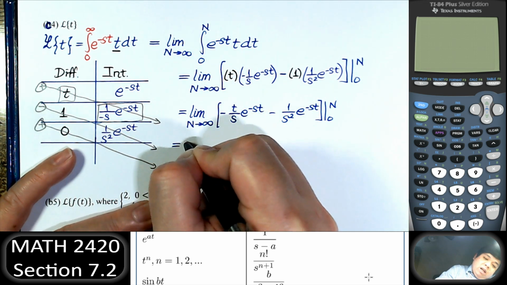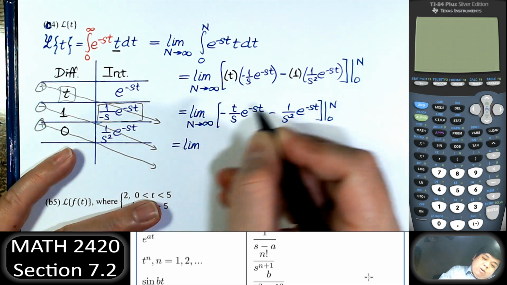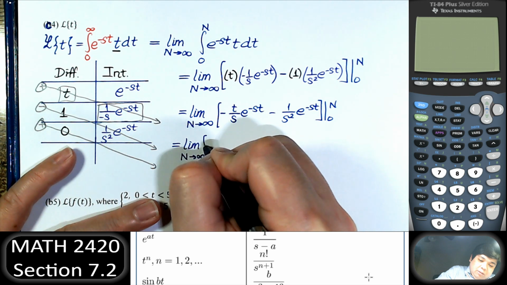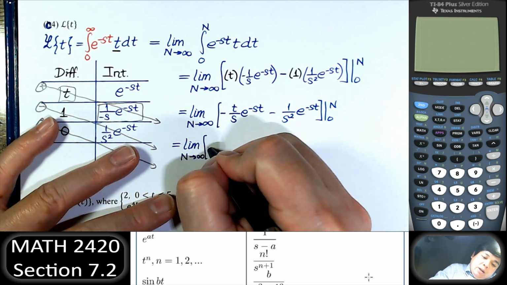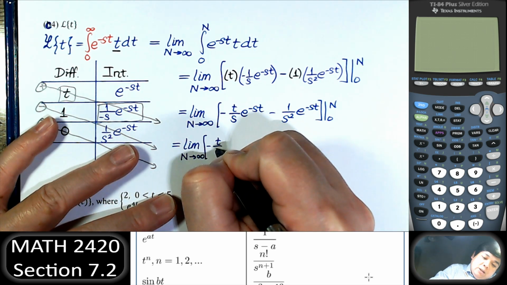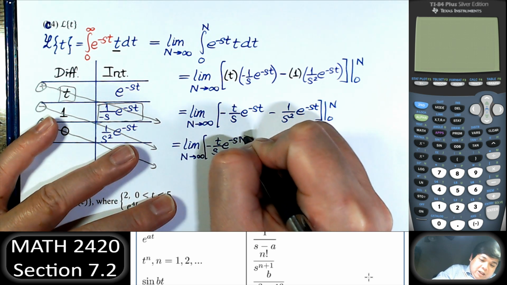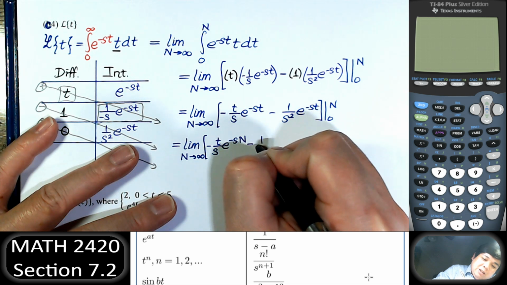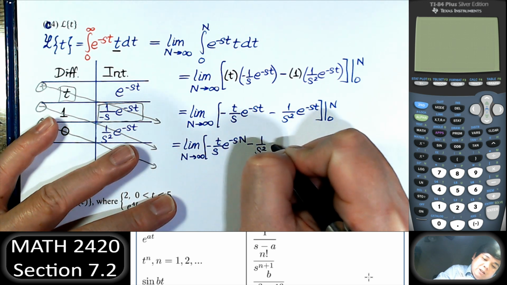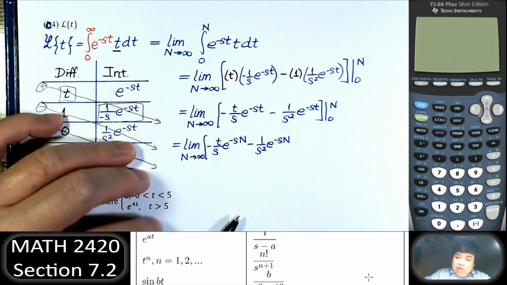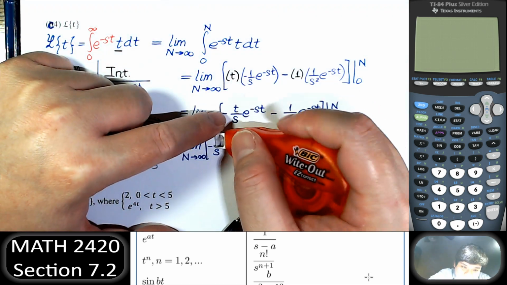Now substitute the limits of 0 and n. Put n in for t, so this should be n, right?